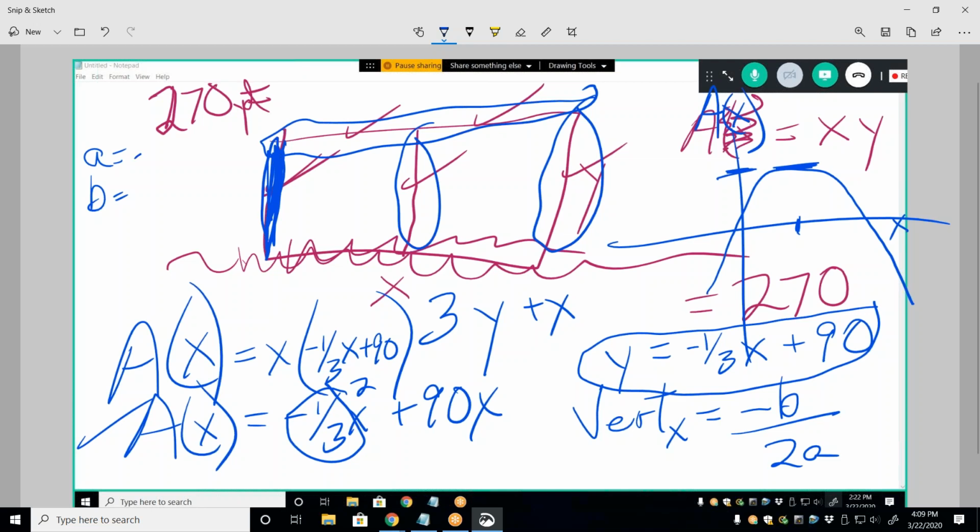So a is negative 1/3. What's b? 90. So what's negative b over 2a? What's negative b? Negative 90. What's 2a? 2 times negative 1/3. So tell me what that is.